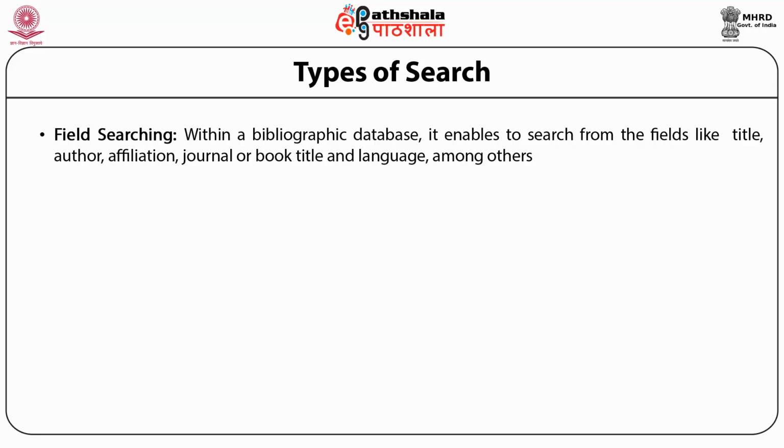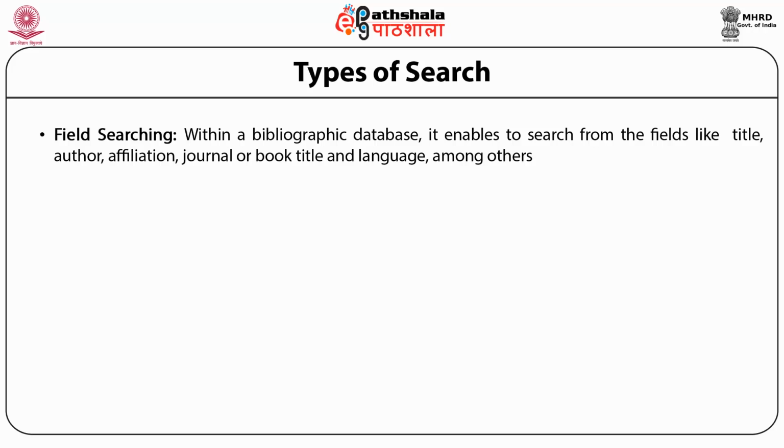As an example, a user can search for an article by a certain author on a specific topic such as Teenage Pregnancy in Africa by David Mukamba. This is a focused search through the author field.